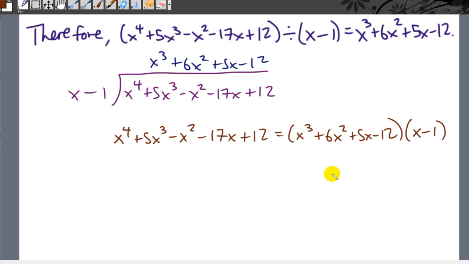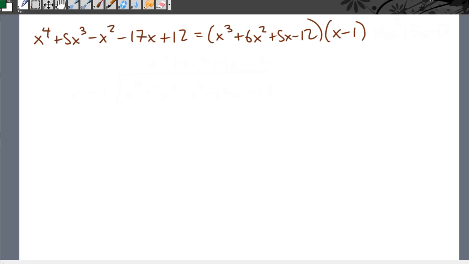We're going to use this idea in some shape or form as we progress through the rest of this problem. So let's go through the rest of it. Next, in order to factor this completely, we need to consider this expression now.